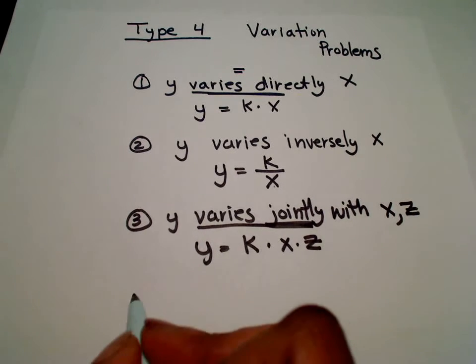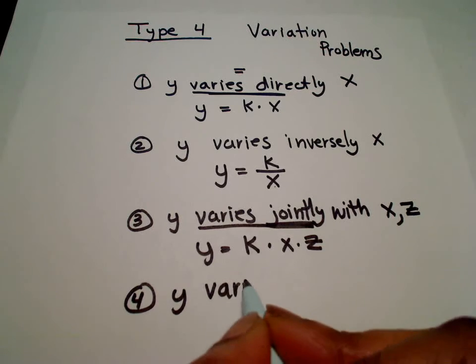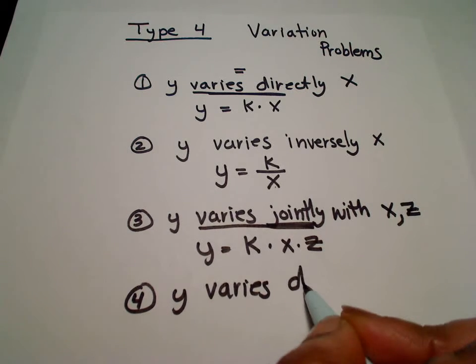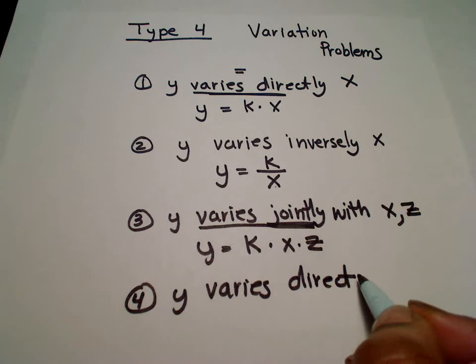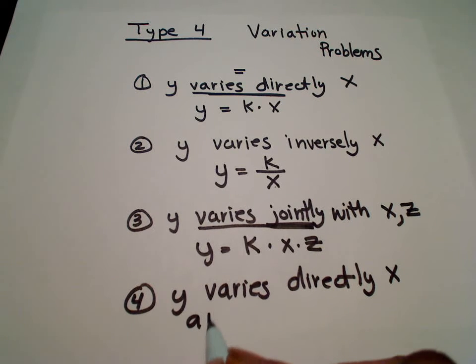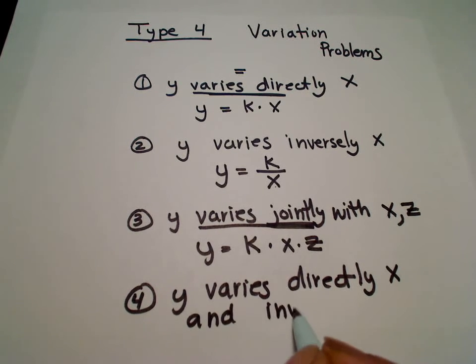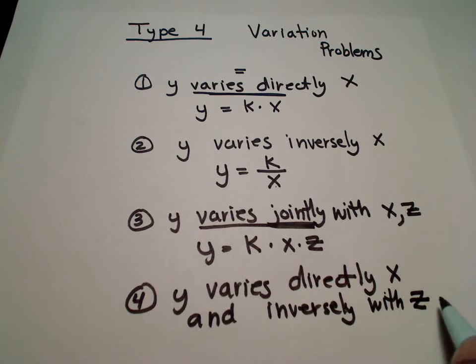Now, the last type you'll see is where y varies directly with x and inversely with z.